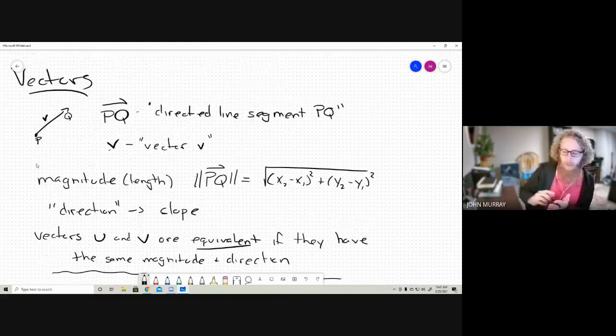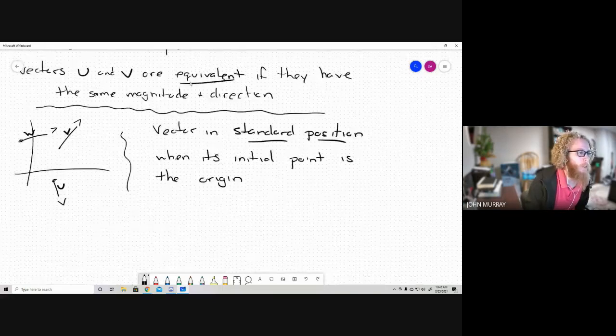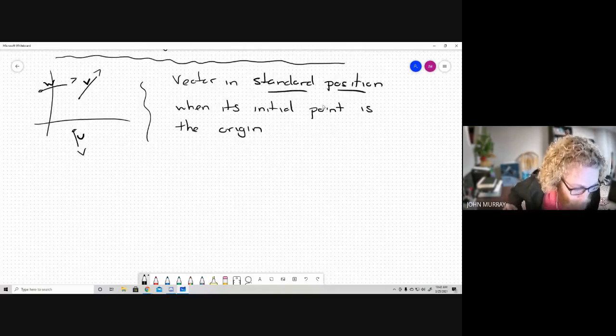And again, just remember the P here, or where the dot is, is our initial point, and where the arrow is, remember we call that the terminal point. All right, so when we move the initial point to the origin, then we say that that vector is in standard position.